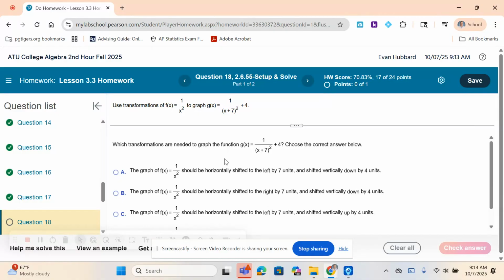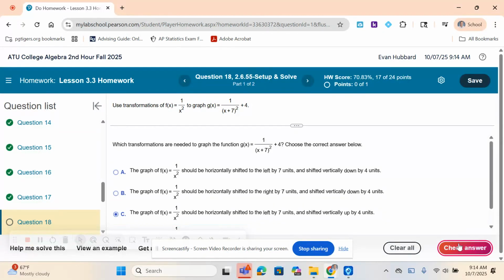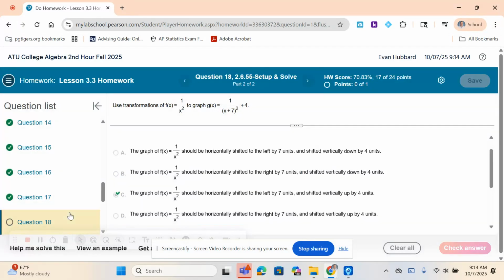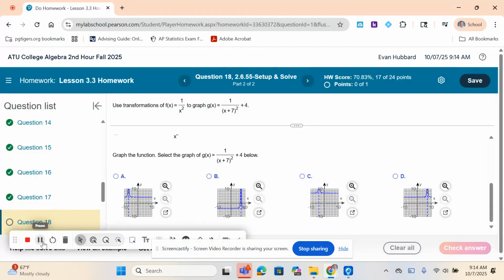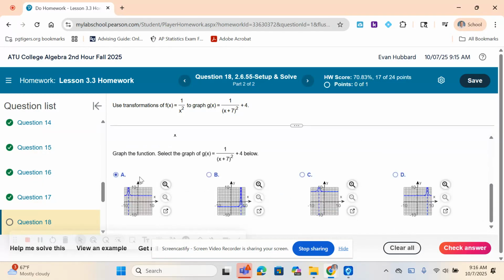So it's going to be horizontally shifted left 7 units and vertically up 4. And so left 7, up 4, that will give you A. Let's check that answer.